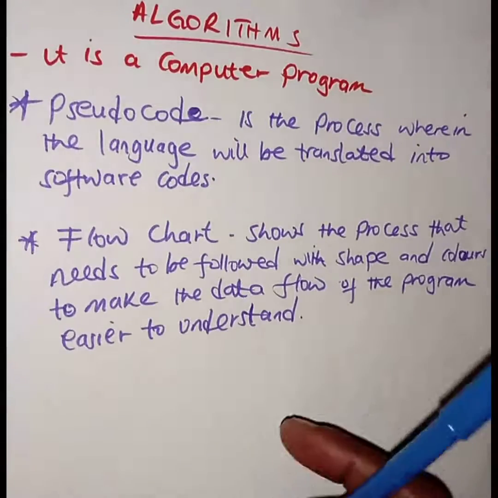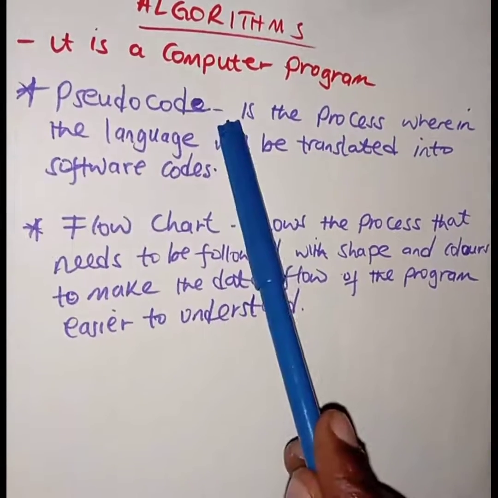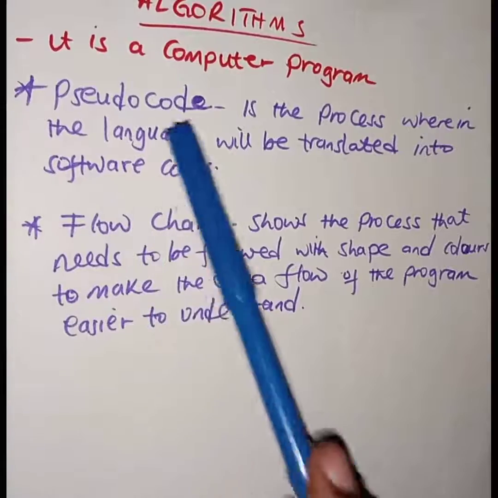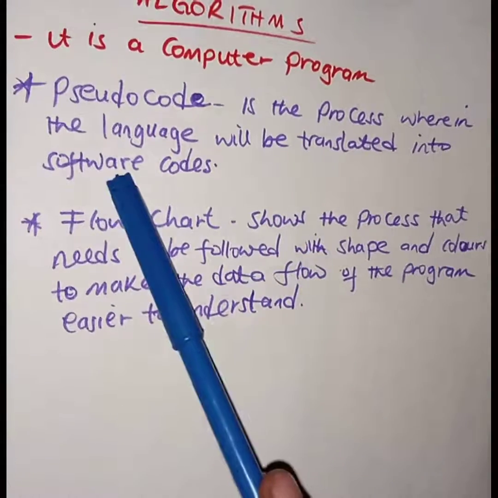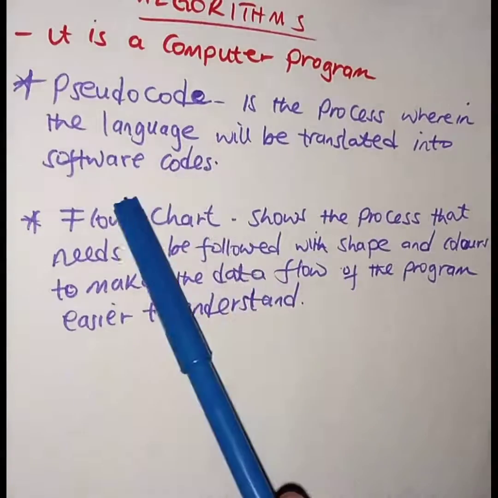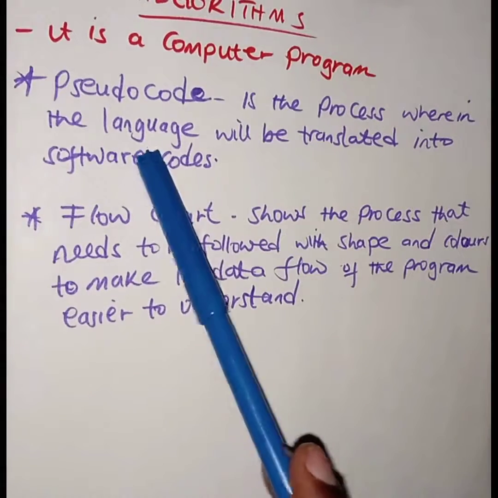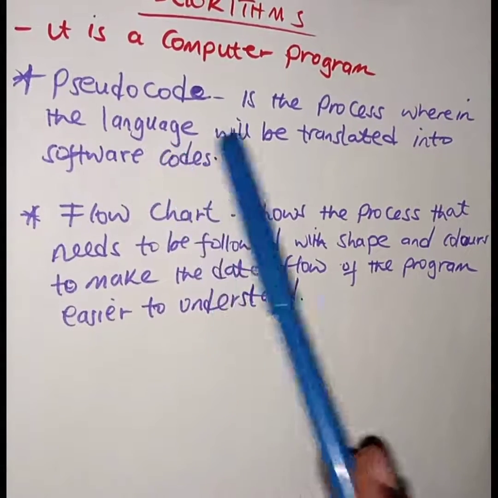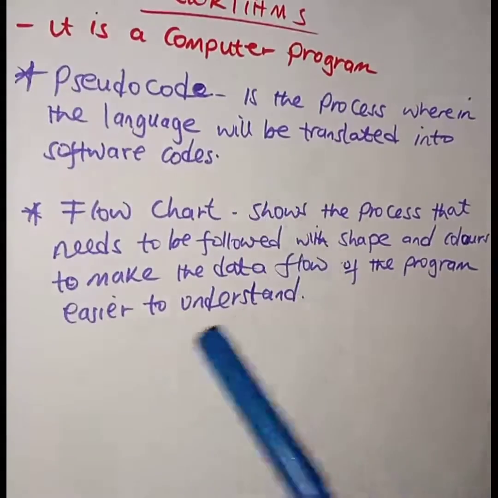Now, we have two concepts here, the pseudocode and the flowchart. Pseudocode is the process wherein the language will be translated into software codes. So the language, in our case we use English, will be translated into software codes.